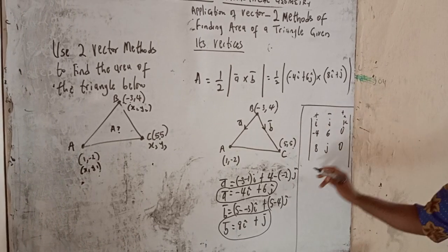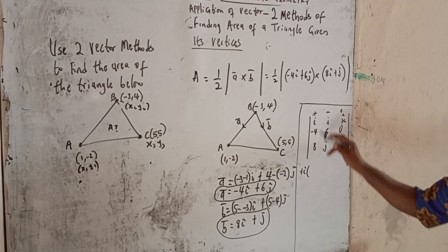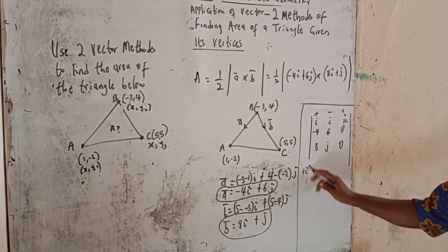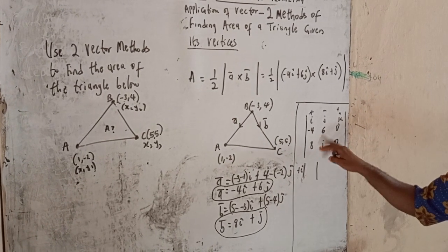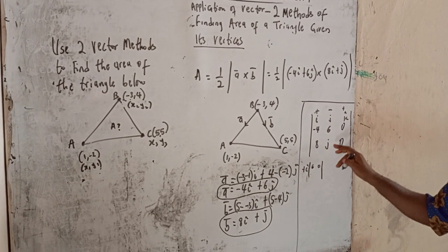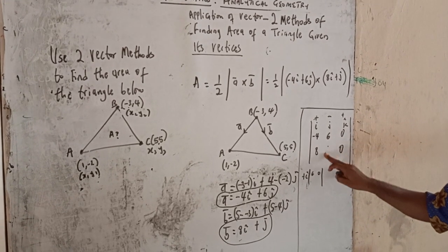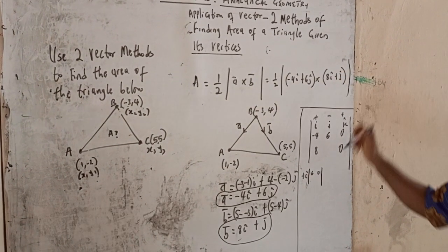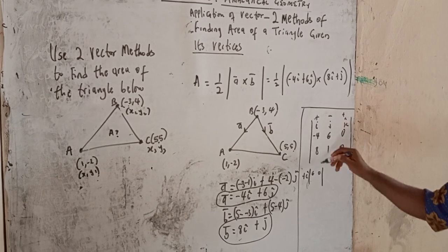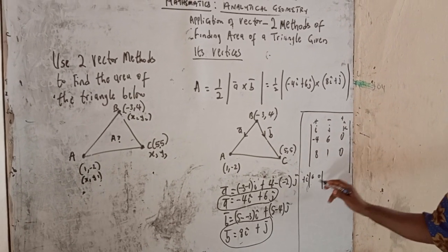When we cross it out, we write the unit vector times the sub-determinant. After crossing it, we have 6, 0, then 1, 0, because the coefficient here is 1, not 8j.